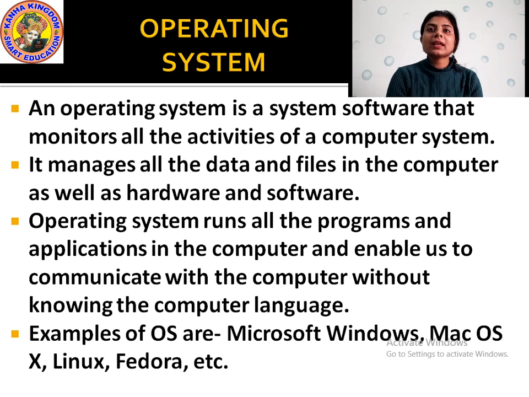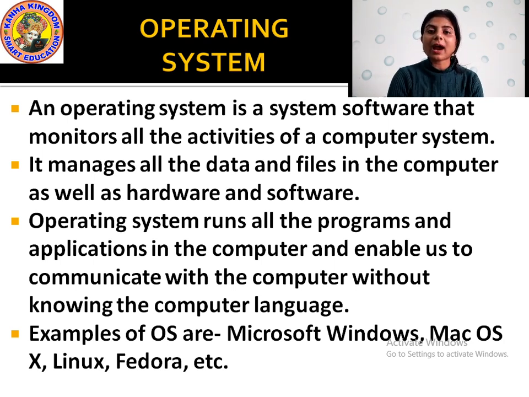Okay, then it manages all the data and files in the computer as well as hardware and software. You learnt about hardware and software in the last class, yes or no? Hardware are the components, the parts of the computer. The parts of the computer are called hardware.